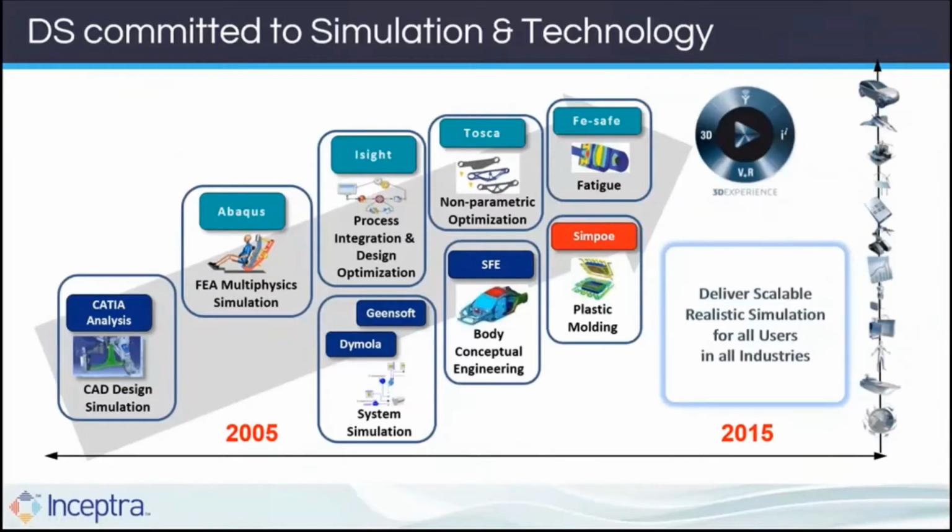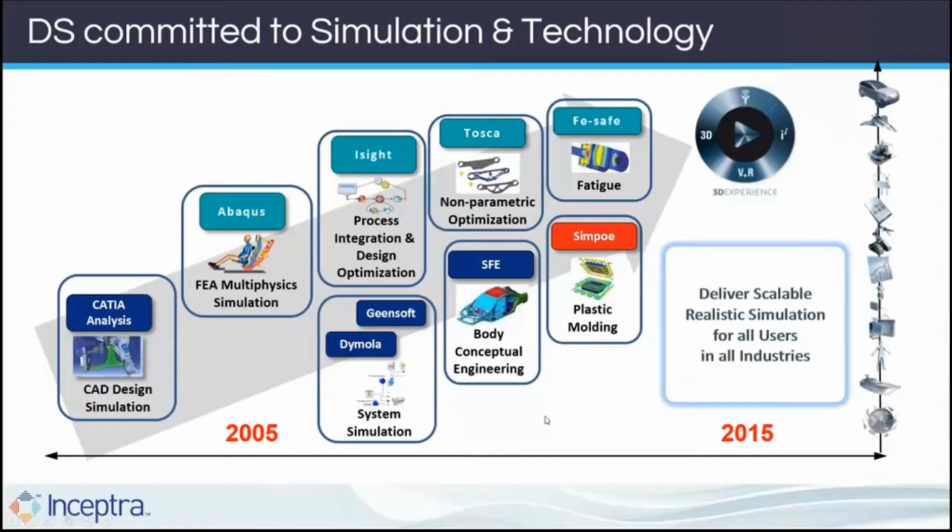Also, if you take a look at the history of what Dassault has done from a simulation standpoint, it's probably the most committed brand, from an engineering or analyst standpoint, when it comes to acquisitions. When Abacus was acquired in 2005, that was a big time for Dassault, because we finally had something that wasn't just a CATIA-based analysis, but a proven technology from the market.